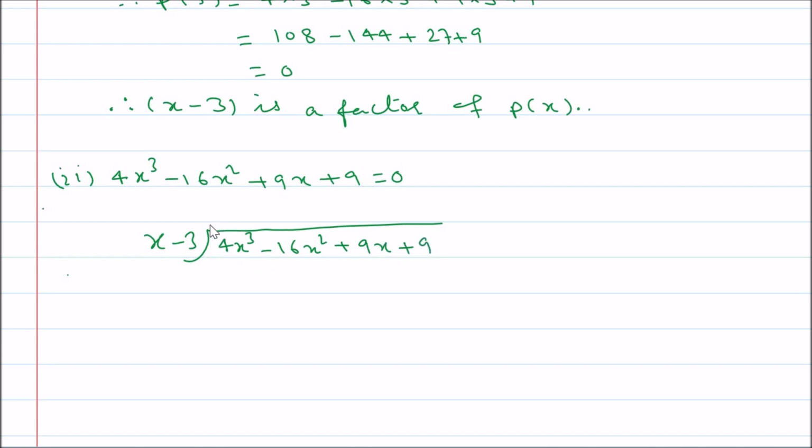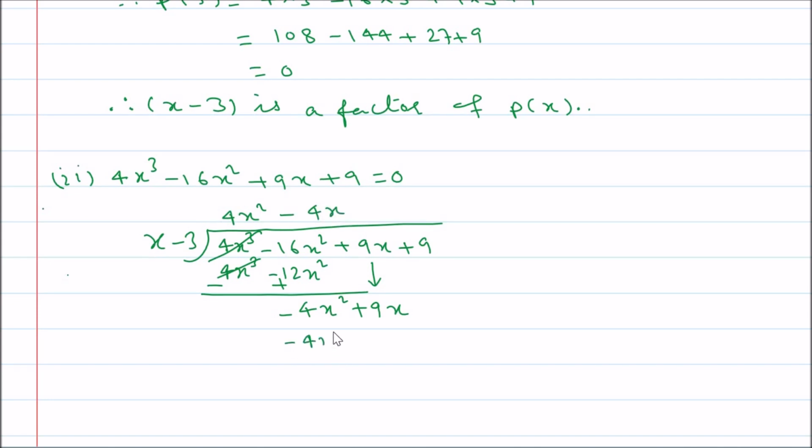So what will come in? 4x square. It becomes 4x cube minus 12x square. So this will be minus, this becomes plus. Cancelled out. So minus 16 plus 12 will be minus 4x square. Bring down 9x. So next will come minus 4x here.